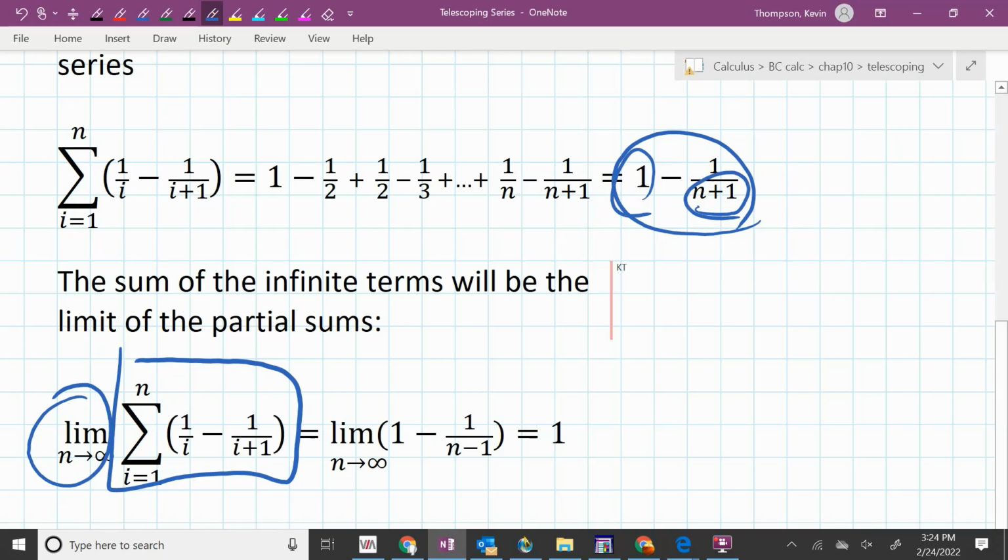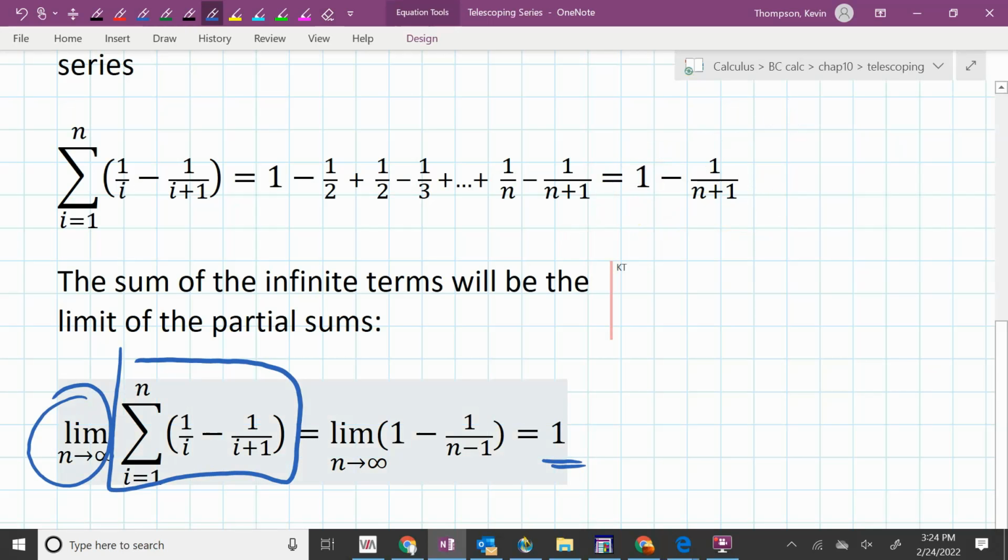Because this denominator gets big and this piece would go to 0 when you think about the limit. And so that's why the answer here is 1. Now I wonder if you could have guessed that to start with. When you think about what's happening, I start with the number 1, and if this list never stops, doesn't everything else cancel out?